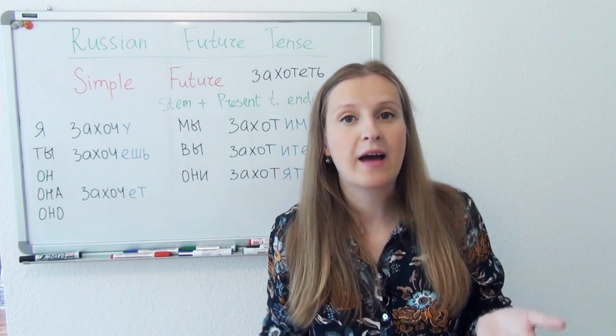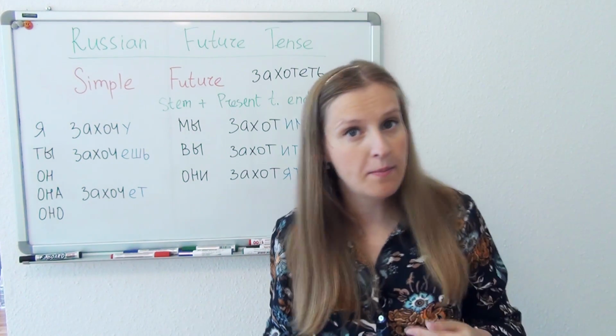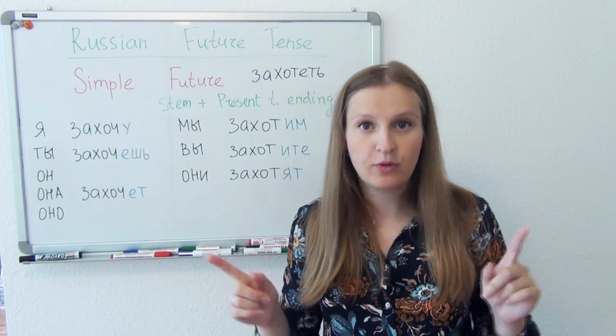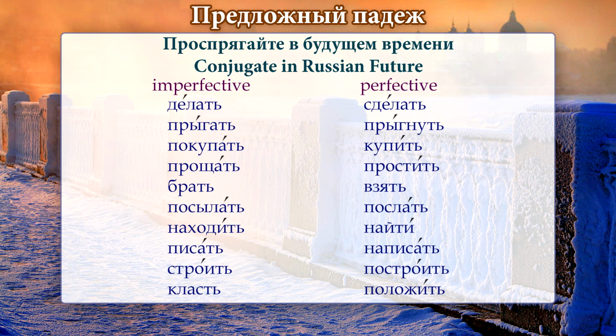And therefore, you'll have to use two different future forms, simple or compound. So be careful and make sure to practice. Define which verb is perfective and which one is imperfective. Create two columns, imperfective and perfective verbs. Now check. So you are ready to do the exercise now.